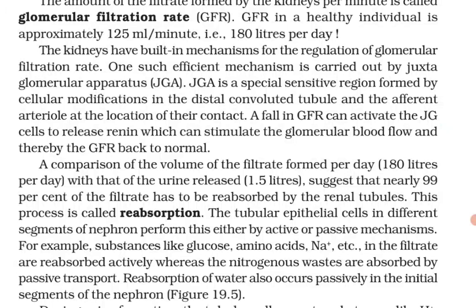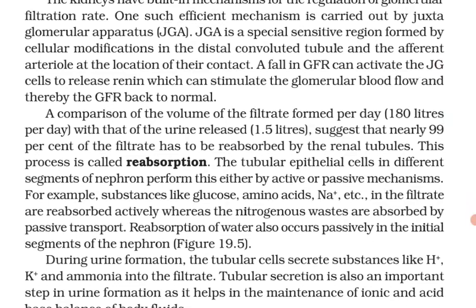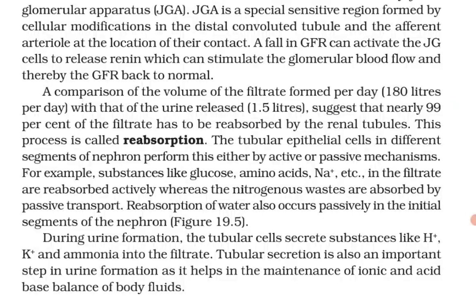JGA is a special sensitive region formed by the cellular modifications in the distal convoluted tubule and the efferent arteriole at the location of their contact. A fall in GFR can activate the JG cells to release renin, which can stimulate the glomerular blood flow and thereby bring the GFR back to normal.